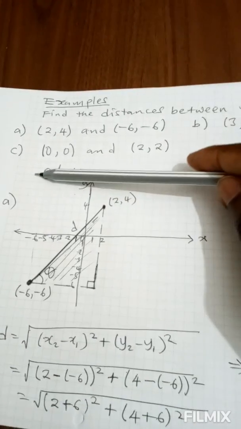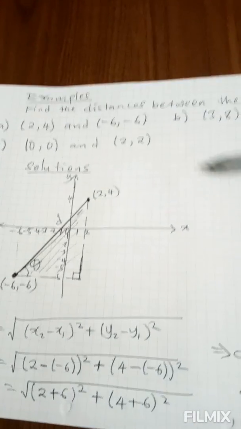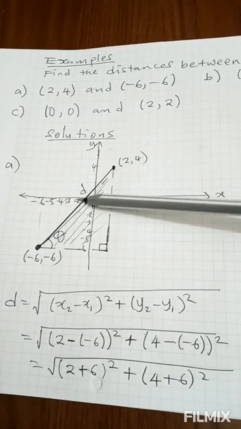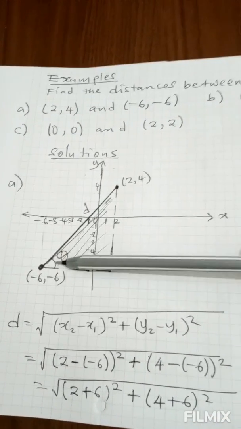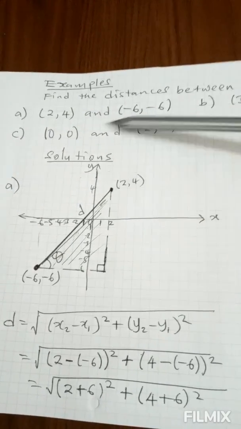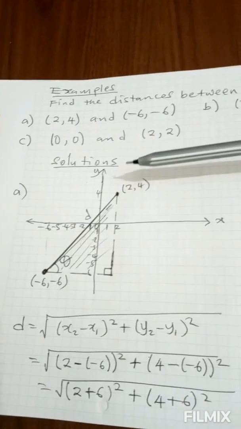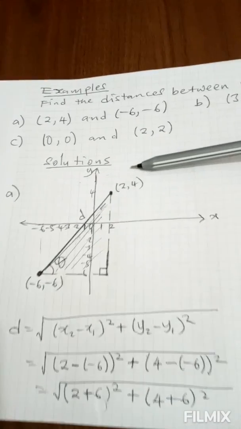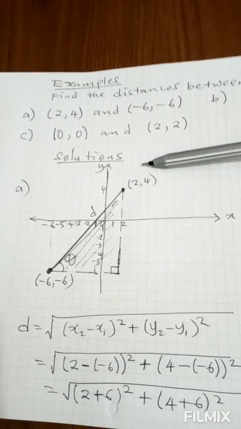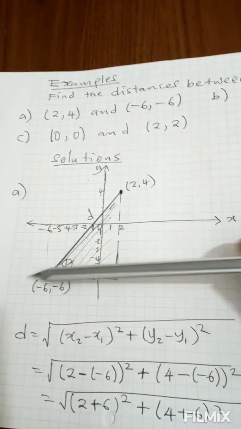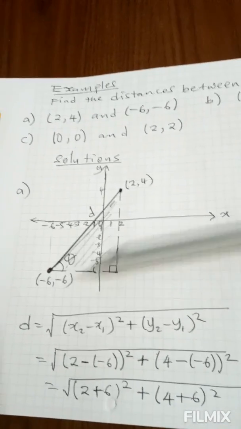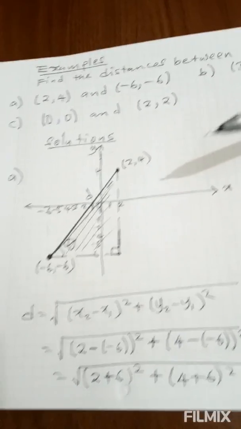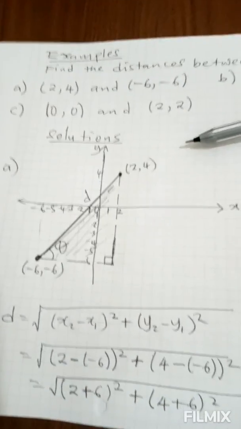And C is (0,0) and (2,2). For the first example, I plotted it on the Cartesian plane just to show that these points are mapped there. So we join the line between these 2 points, and we form a right-angled triangle. We can easily see that.